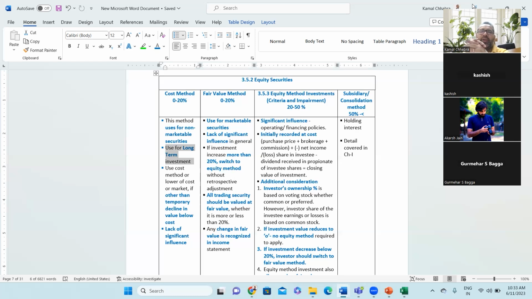Same way for the valuation of any company, it may sometimes go up, sometimes go down. So you should not be worried about these temporary ups and downs. But if you see there is a reason to believe that the downside would be permanent, then you need to book the impairment loss.